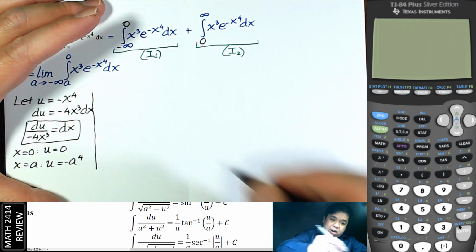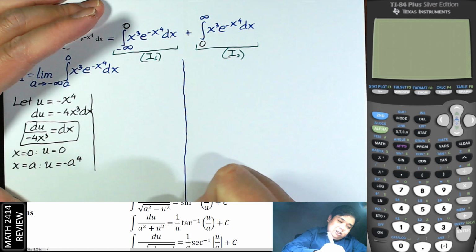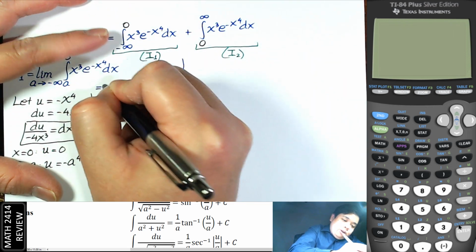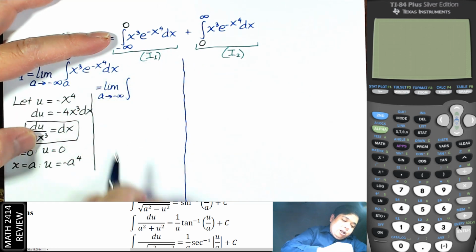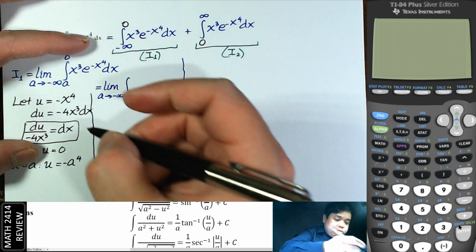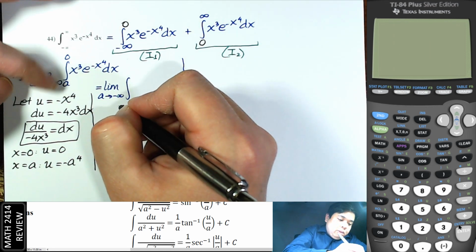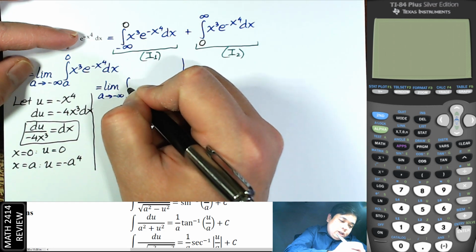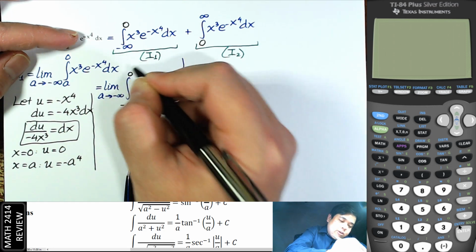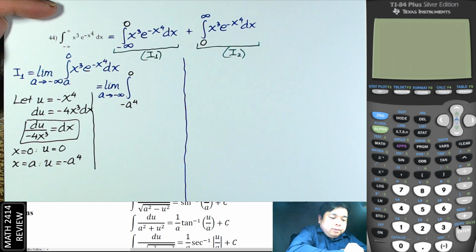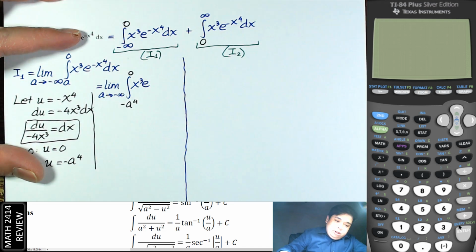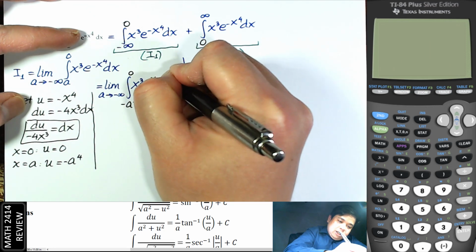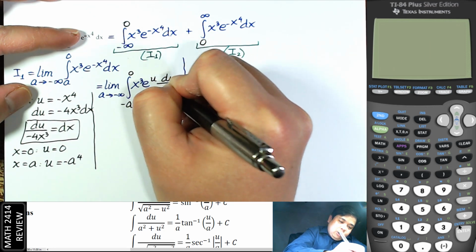Right, this integral equals, I still have the limit, as a goes to negative infinity, from negative a to the fourth to 0, x cubed e to the u dx, which is du over negative 4x cubed.